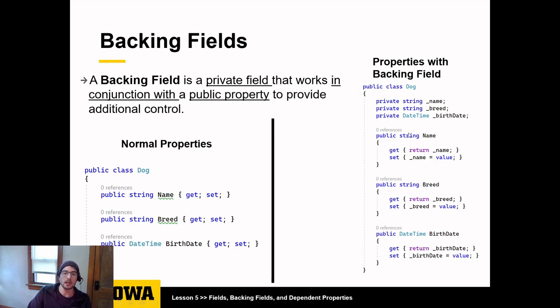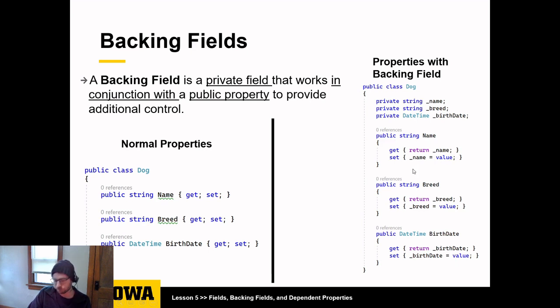And how do I change the name property on a dog, right? The instructions for that are in this set. In the set, value is kind of a magic keyword that's only used in these setters.